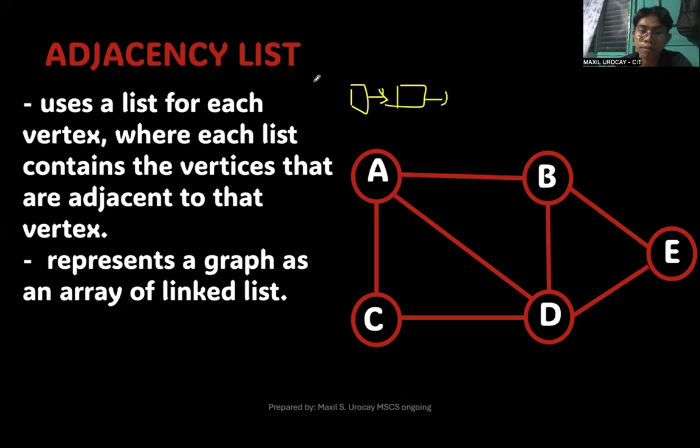There is a start point that connects to the first node and it must end with null. That is a linked list. So this is the adjacency list representation that we will also use.